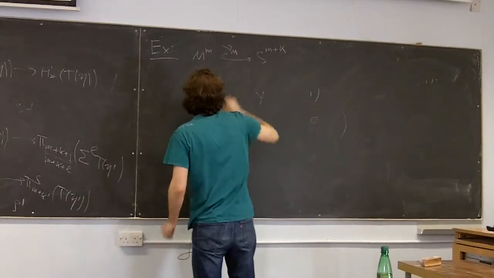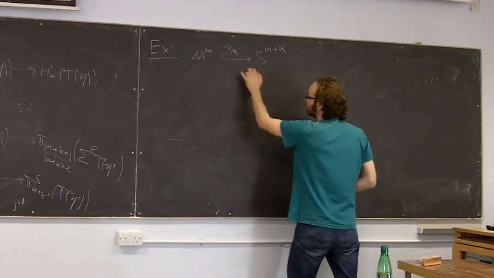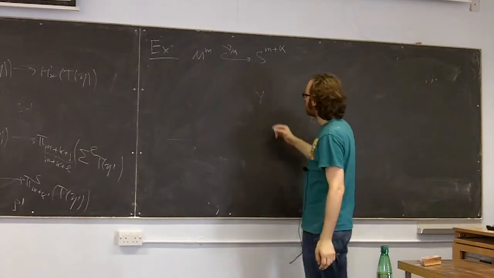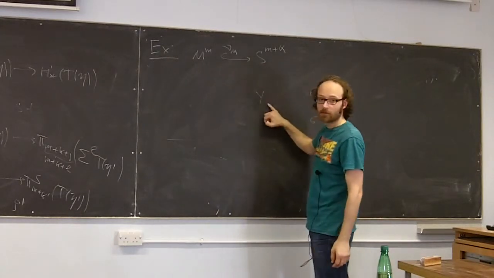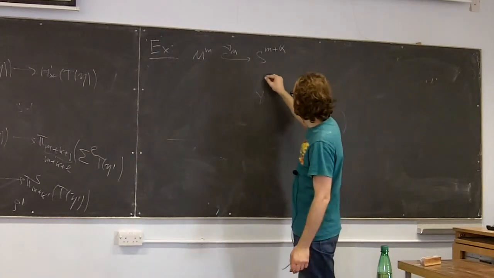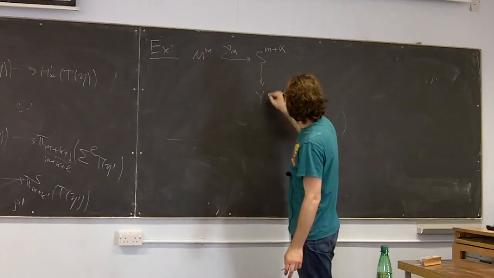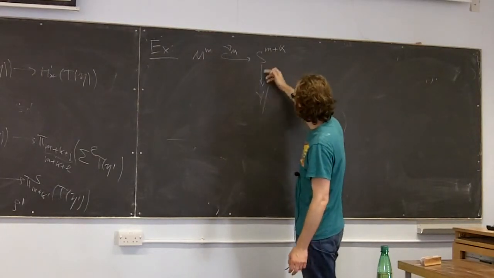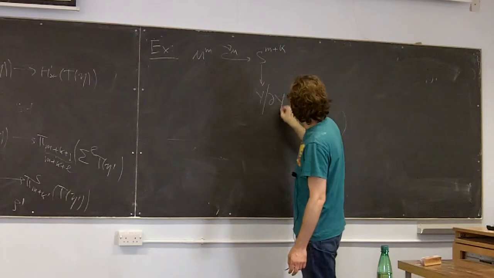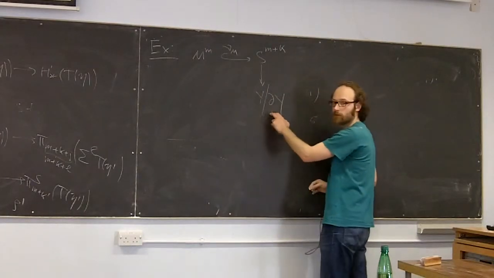So we can take the unstable normal bundle of M in the sphere. We can look at the regular neighborhood, the tubular neighborhood. We can look at this map, this sort of projection to the regular neighborhood modulo boundary.